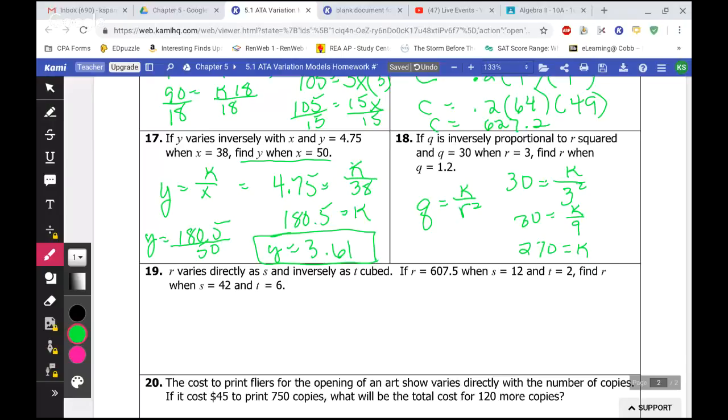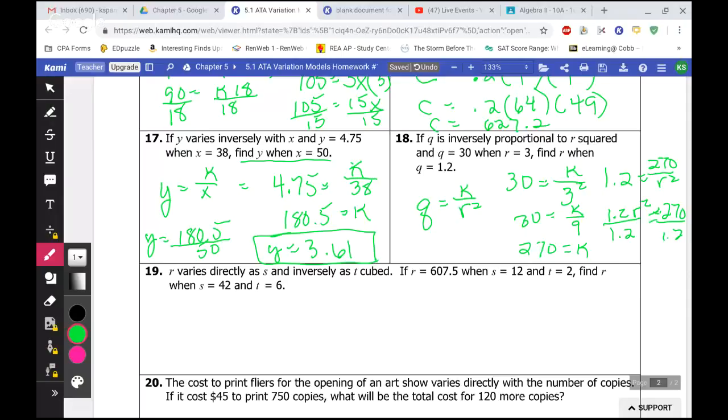So K equals 270. So find R when Q is 1.2. What I would do on this particular one is multiply both sides by R squared, and then divide both sides by 1.2. Does that make sense to you?